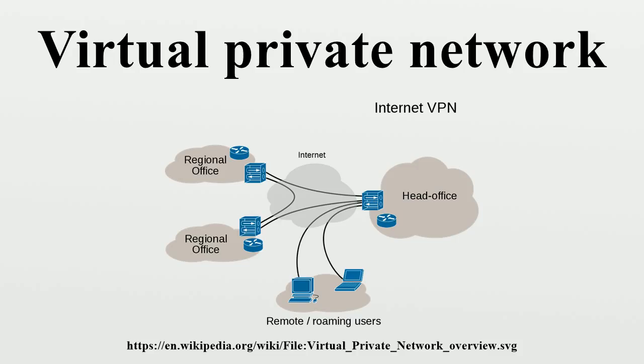VPNs in mobile environments. Mobile virtual private networks are used in settings where an endpoint of the VPN is not fixed to a single IP address, but instead roams across various networks such as data networks from cellular carriers or between multiple Wi-Fi access points.